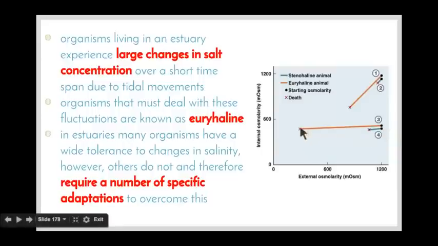So this organism here can deal with massive fluctuations in salt level changes, whereas number 4 can only deal with small ones. So the X's show the levels that would cause the organisms to die. So we'll be looking at the difference between these organisms here and these organisms here and what they're referred to.